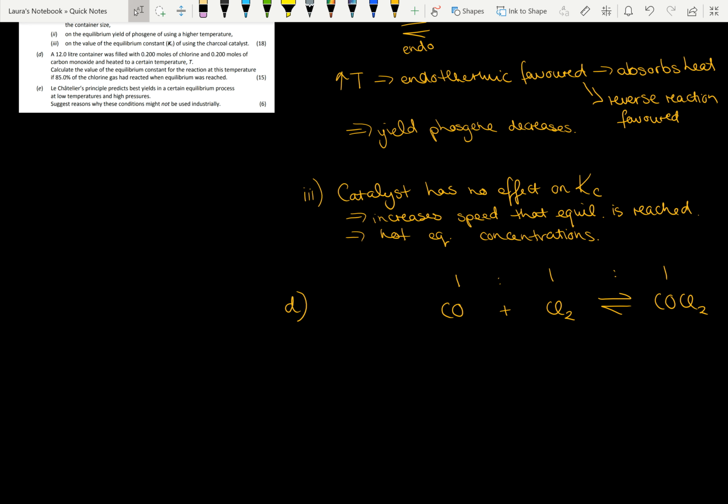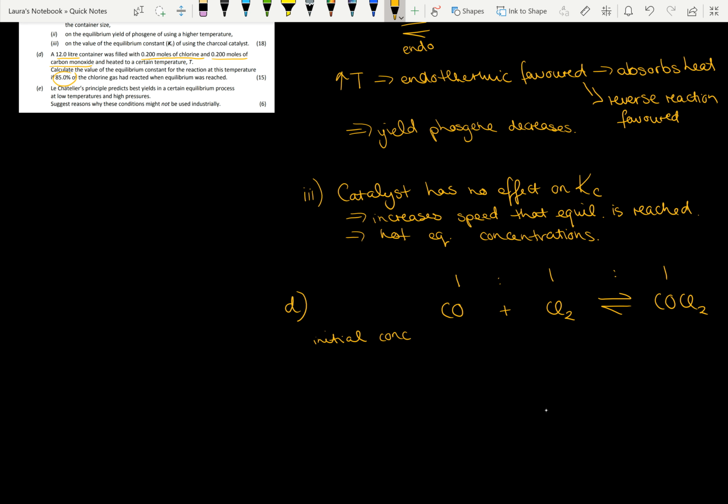We've got a 12-litre container, so we have to take that into account. We've got 0.2 moles of chlorine and 0.2 moles of carbon monoxide. They're our reactants, and they're heated at a certain temperature. Calculate the value of the equilibrium constant for the reaction if 85% of the chlorine gas had reacted when equilibrium was reached. So let's fill in the rows of our table.